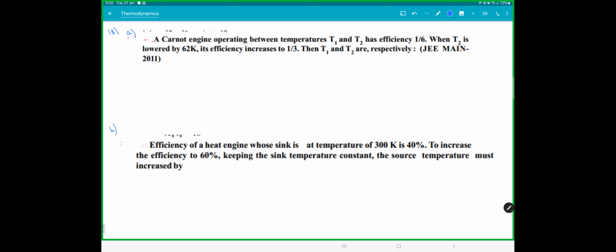Again, look at the formula we have. Efficiency is 1 minus T sink by T source. Now you're saying you're lowering the temperature by 62 Kelvin. Observe here. If T sink decreases, then this negative number decreases, then efficiency increases.